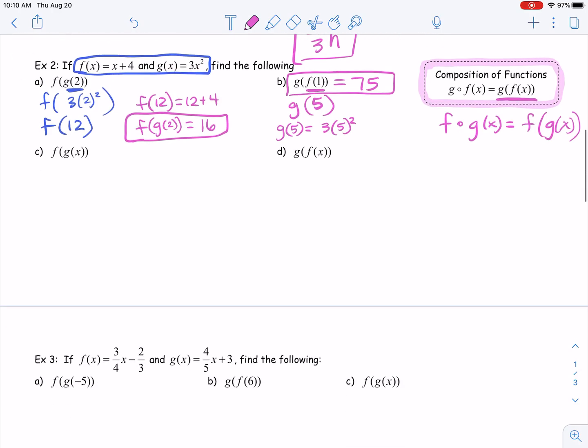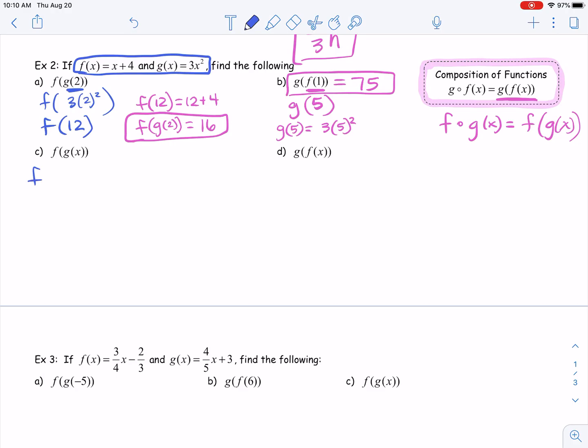All right, and then notice down here, we have the compositions of just the functions. So we're not going to get just a numerical answer. We will get some kind of expression answer. So this is reading in part C, f of g of x. So I'm taking all of that g of x function and I'm plugging it into the f of x function.